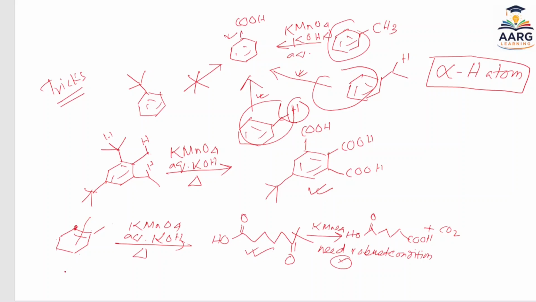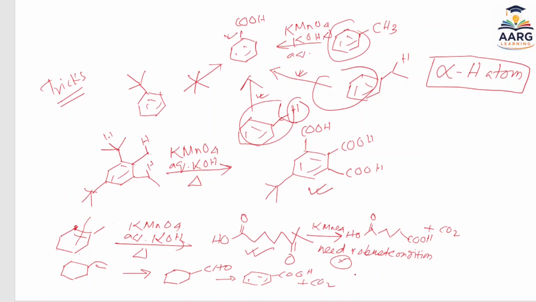This is one part. Second, if I give you something like this, this is also very easy. This will give you first the aldehyde, the corresponding CHO, and then the corresponding carboxylic acid plus carbon dioxide.